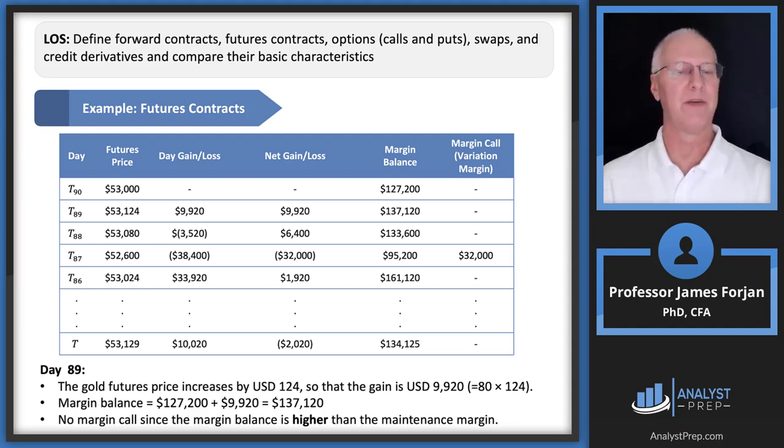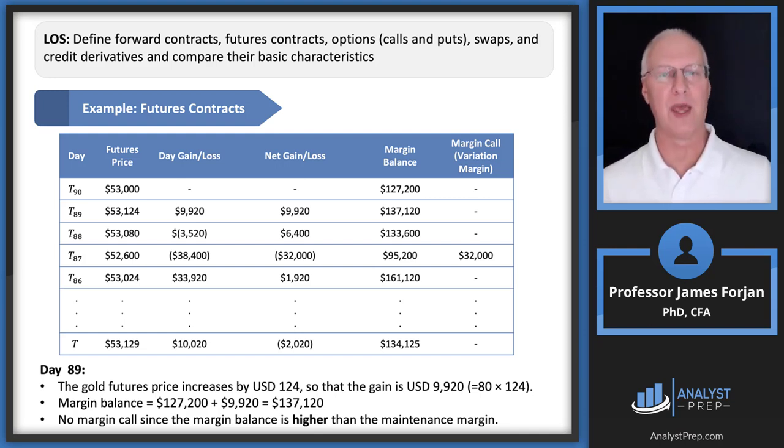So if you take the 53,080, multiply it by the 80, and then subtract it from the previous day's total, you get 3,520. So what happens? We lost, what is that? About a third of what we gained the first day, which means we have about 2/3 left of our total gain and loss. So our margin balance is now 133,600.